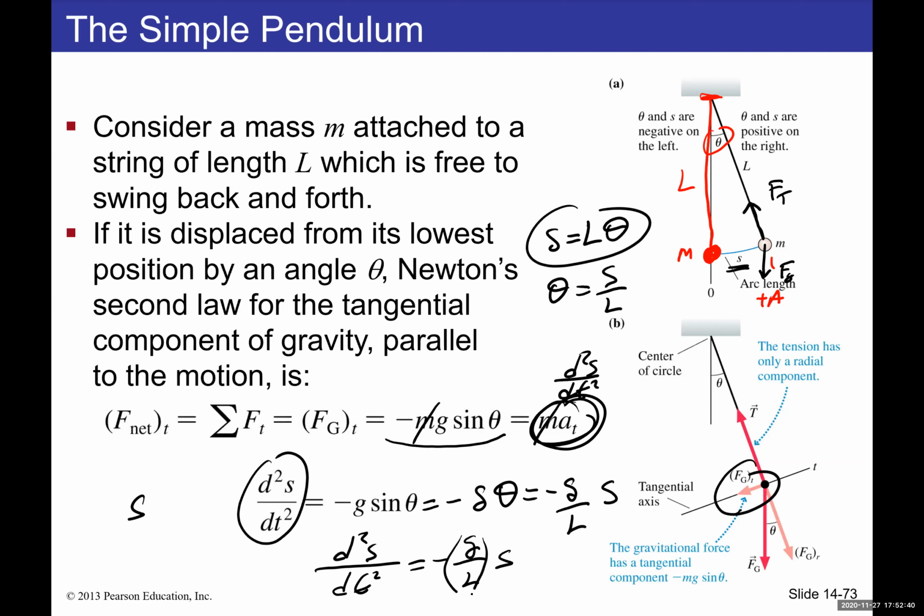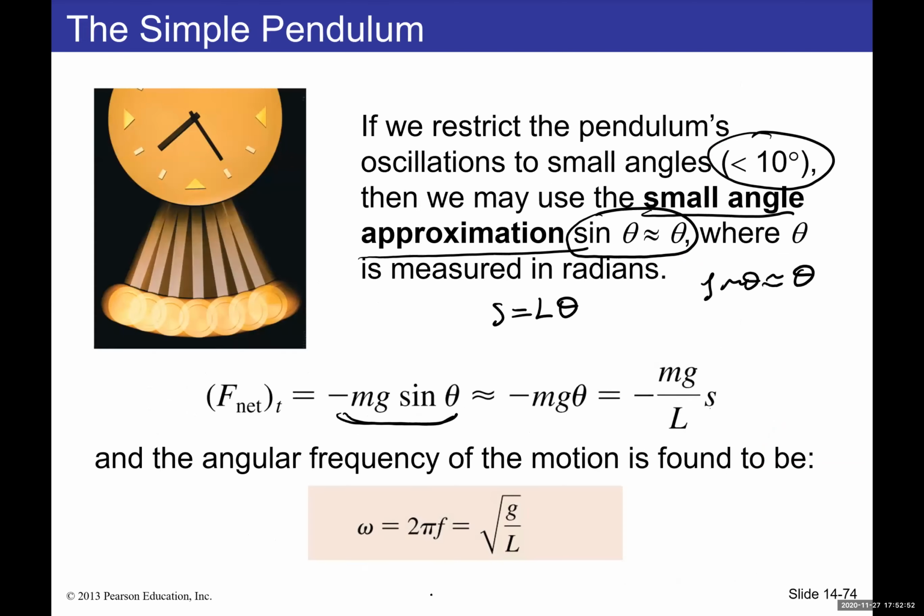And you can see, g over L is the proportionality constant. And then what I have here is some function s. I take the derivative twice, and I come back to the same function with the negative sign and times some constant. And that's what we have. So then, if I cancel the m's, the coefficient in front of s is nothing but, again, omega squared.